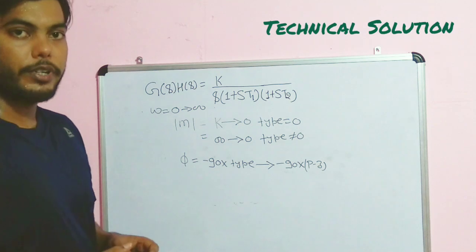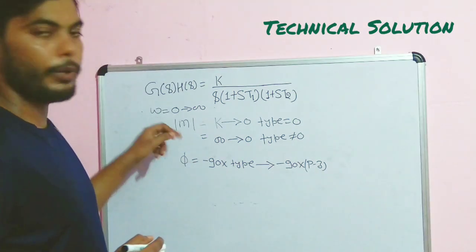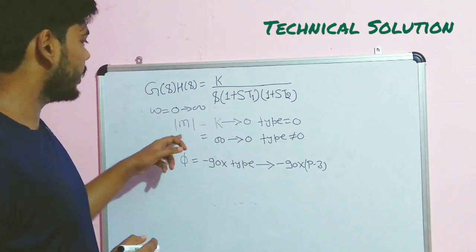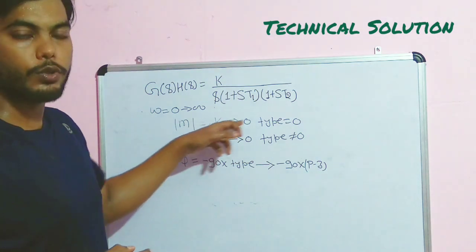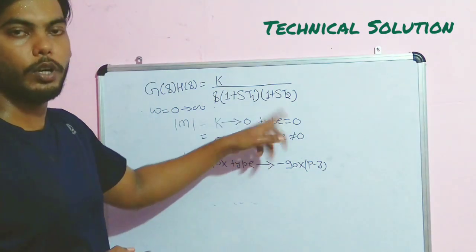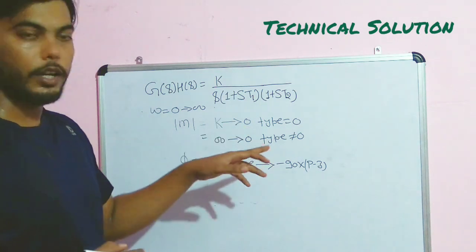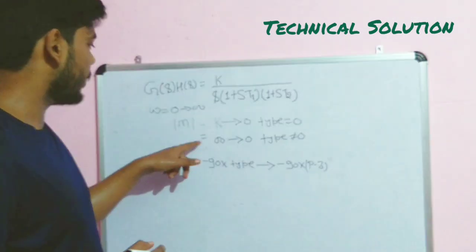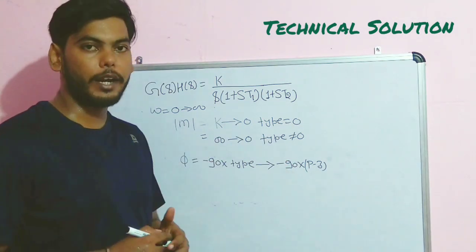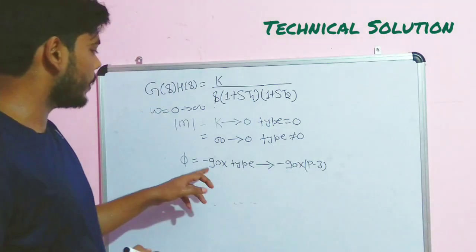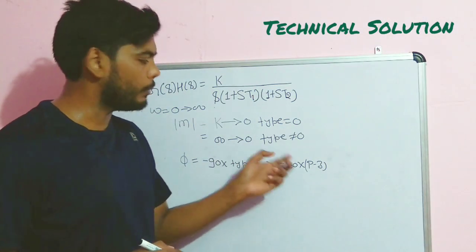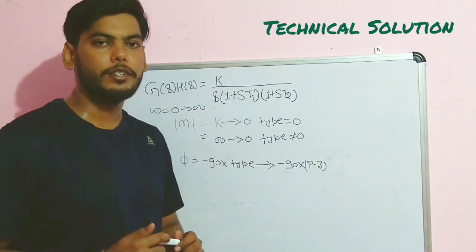So for the minimum phase system we have a formula. When omega varies from 0 to infinity, the magnitude goes from K to 0 when the type is equal to 0, and when the type is not equal to 0, the magnitude varies from infinity to 0, and the phase goes from minus 90 times the type to minus 90 times (poles minus zeros).